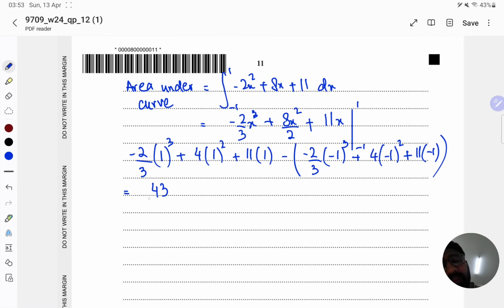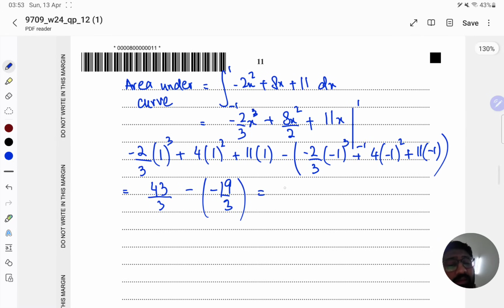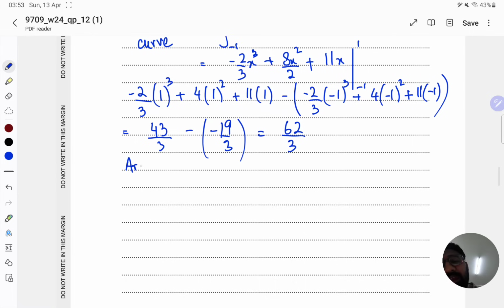This is 43 divided by 3 minus 2 by 3 into minus 1 plus 4 minus 11, which gives us minus 19 by 3. So 43 by 3 minus this gives us 62 divided by 3. Now we need to find the area under the line.